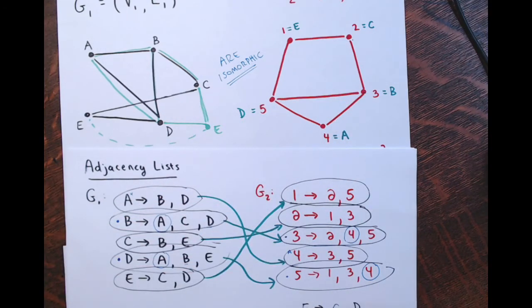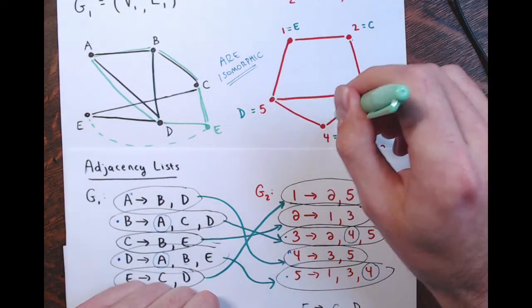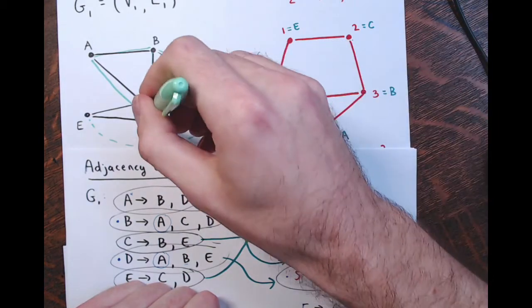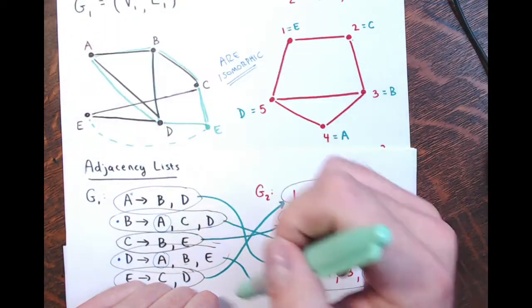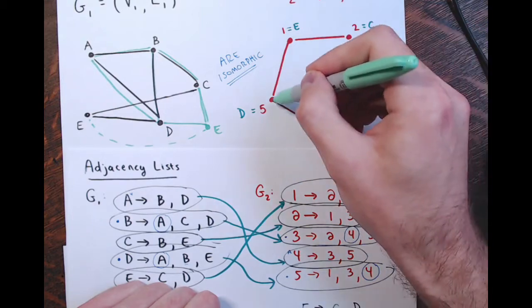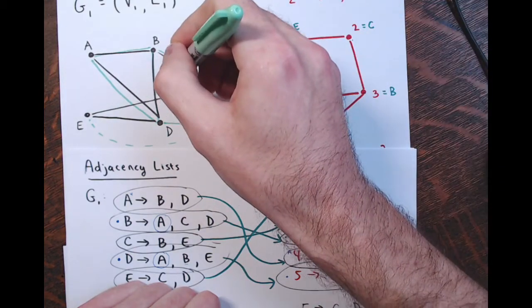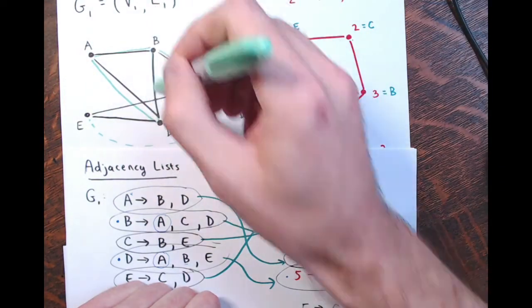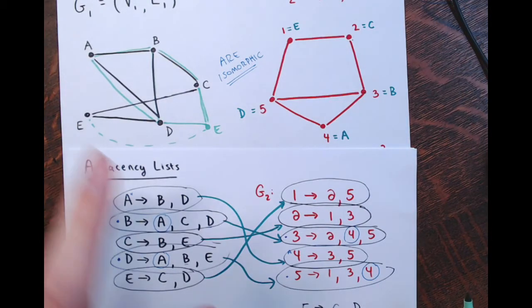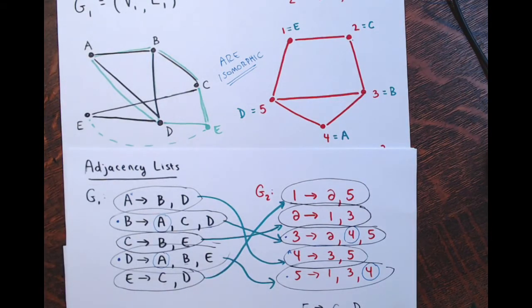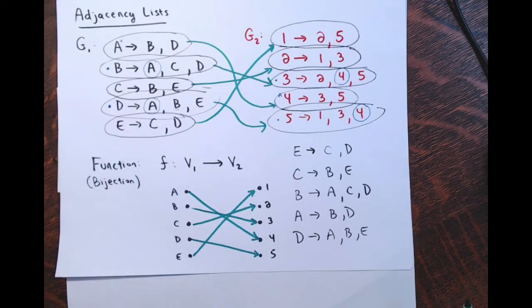Shapes will stay the same too. Triangles or 3 cycles in one graph will go to a 3 cycle in the other graph. 4-sided shapes in one graph, if it's isomorphic, will go to 4-sided shapes in the other. So again, the structure is preserved. Everything should be the same with this relabeling, this bijection.